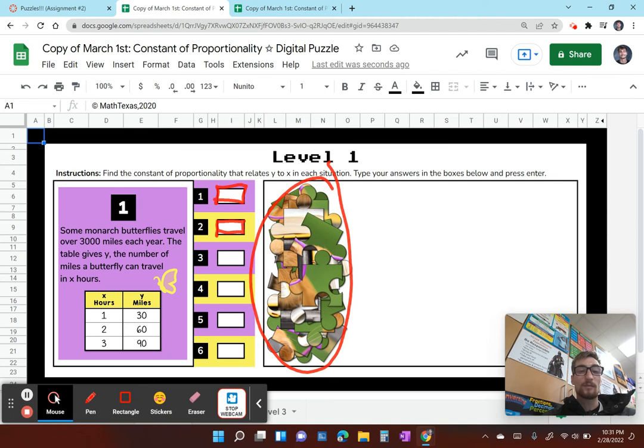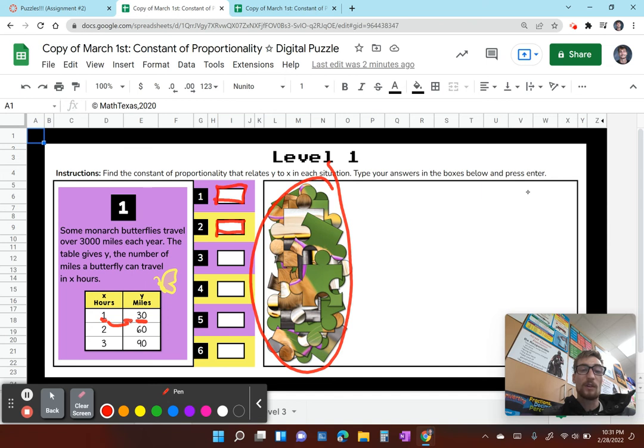So this first one here says some monarch butterflies travel over 3,000 miles each year. Holy smokes, that's like from here to Florida and back. The table gives y, the number of miles a butterfly can travel in x hours. Here it's simply asking, how do you get from your x to your y?